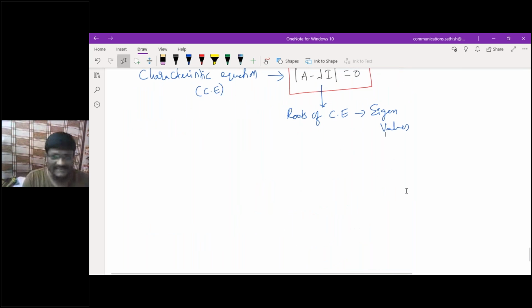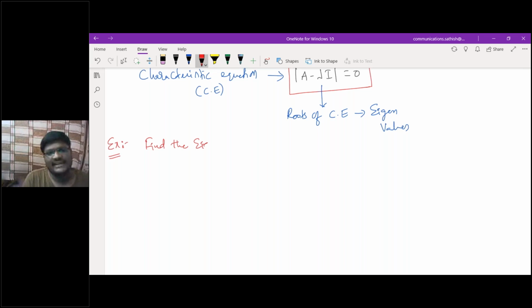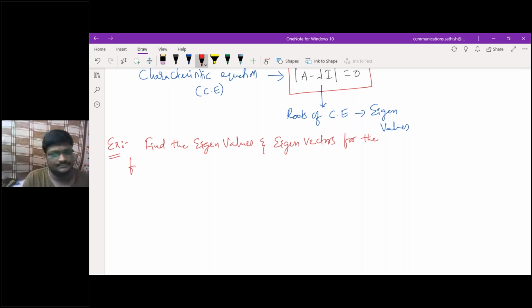Find the eigenvalues and eigenvectors for the following matrix A, which is [4 2; 2 4]. This is a 2 by 2 matrix.